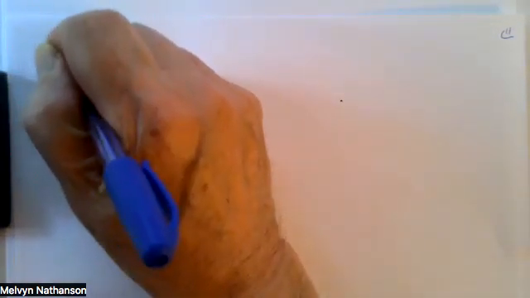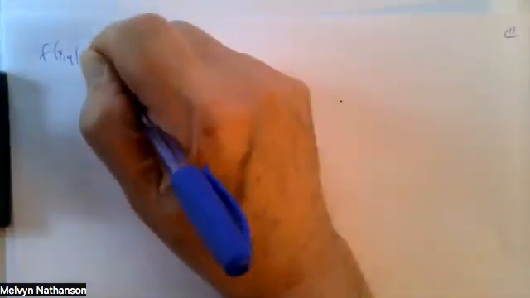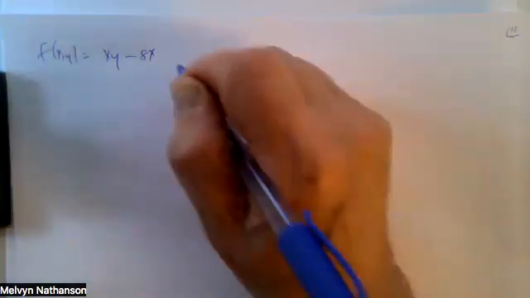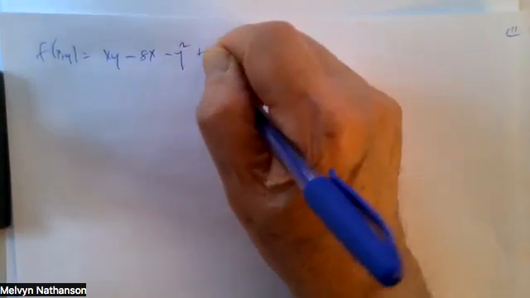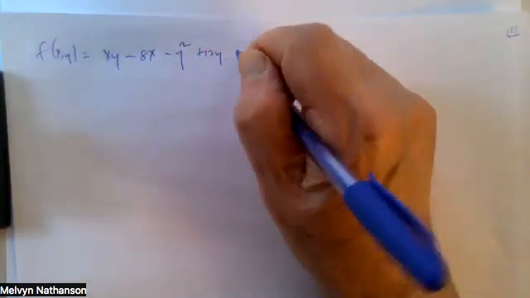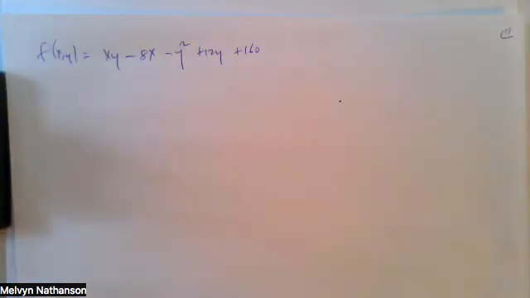Suppose I take the function f of x, y equal to xy minus 8x minus y squared plus 12y plus 160.